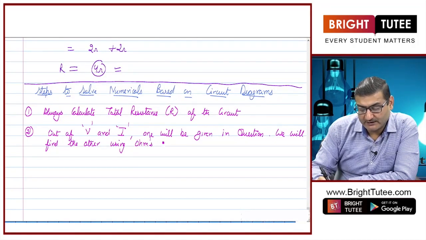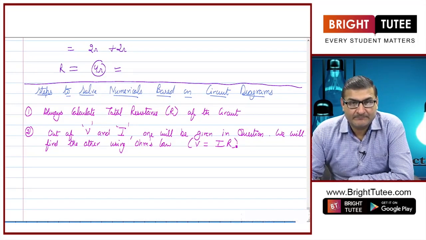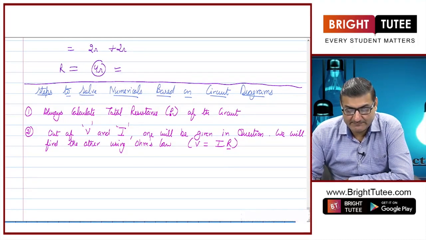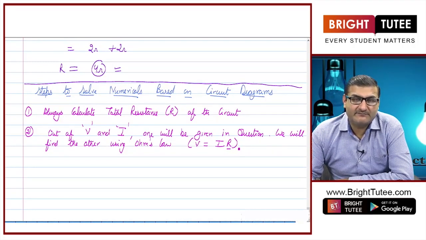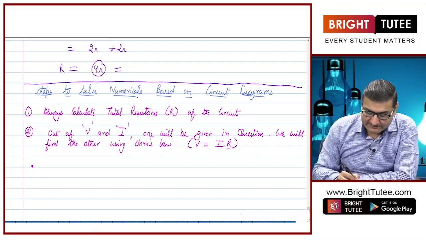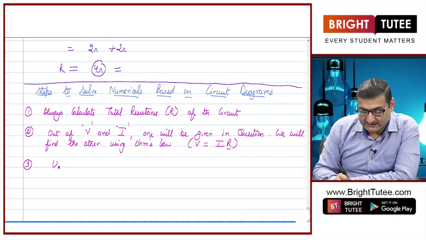Ohm's law says that V is equal to IR. R we have found out in the first step. So if out of these three things, two are given to us, we can easily find out the third one. Got it?